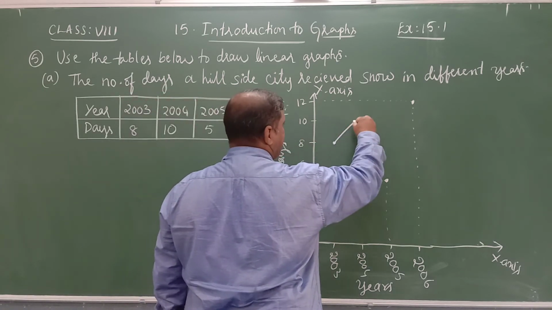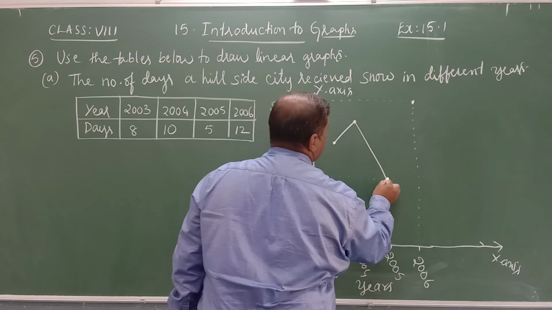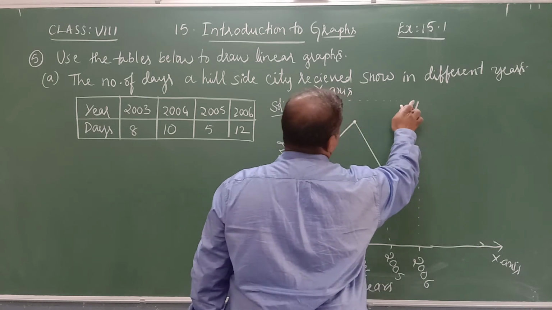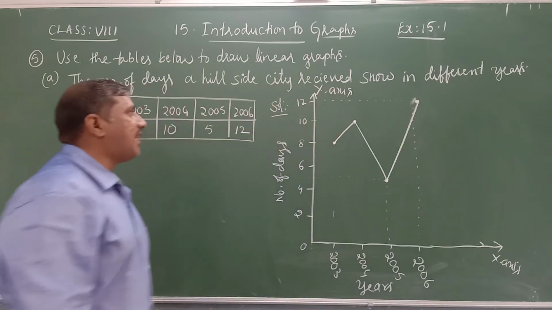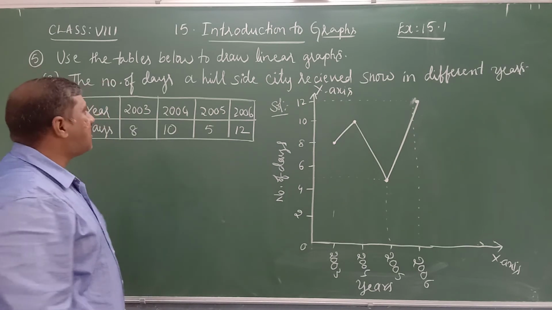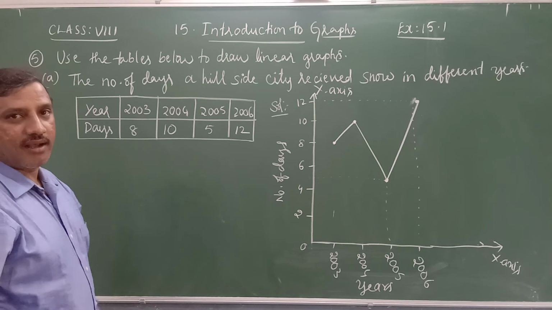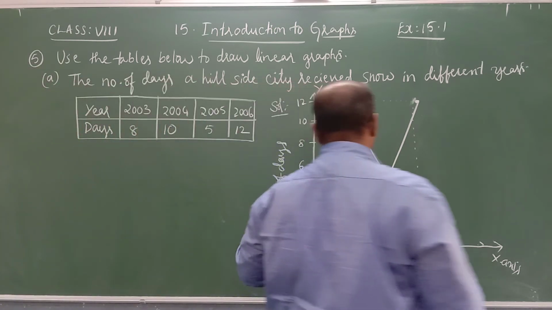This line segment, then one more line segment, and then this line segment. This gives you the line graph of snowfall in a hillside city in the years 2003, 2004, 2005 and 2006.